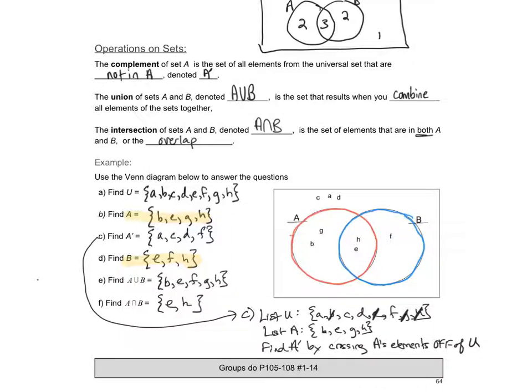And so that's going to give me B, E, F, G, and H. And finally, we're going to take a look at the intersection. The intersection is where they overlap. So visually, that's going to be this region right here, which is E and H.